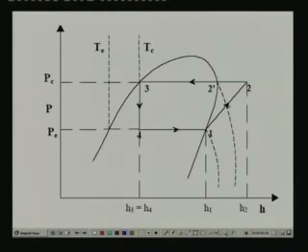Okay, so once you know the condenser pressure and evaporator pressure, or condenser temperature and evaporator temperature, you can easily locate these points and you can draw the cycle on the pH diagram. Once you have drawn the cycle on the pH diagram, the calculations become very simple. For example, I want to find out what is the refrigeration effect. The refrigeration effect, RE, is nothing but H1 minus H4.